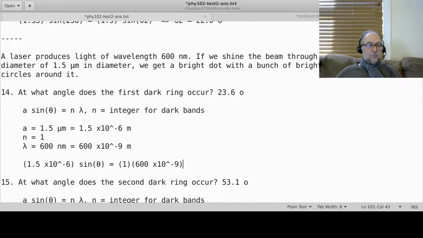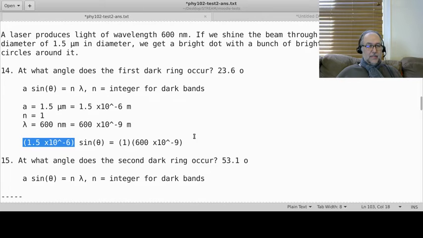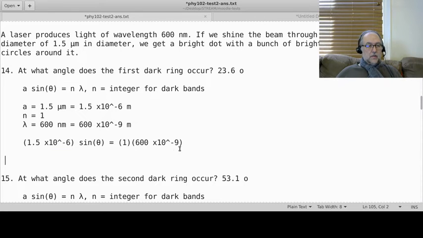Okay, now divide both sides by the 1.5 times 10 to the minus 6. Well, the 1 is just going to go along for the ride, so it's not going to change your answer. So divide that like that.